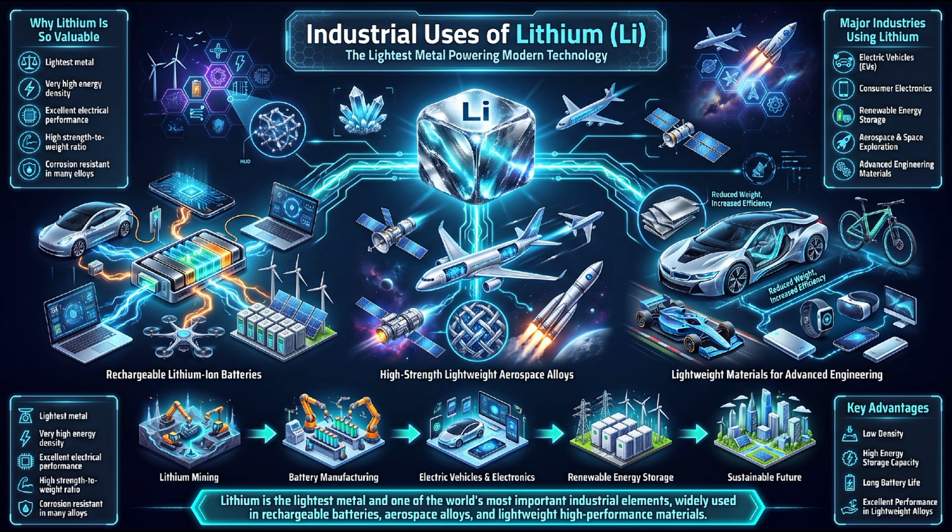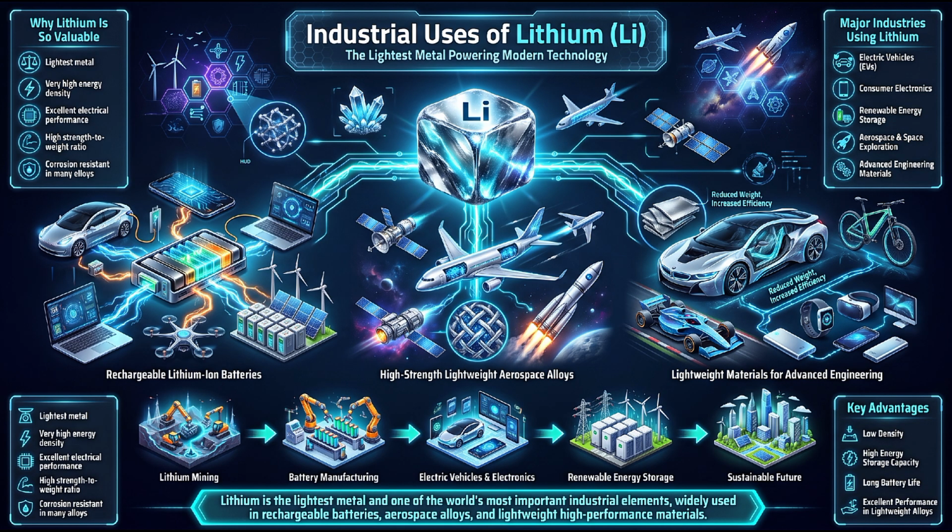A lighter aircraft requires less fuel, increases payload capacity, improves efficiency, and lowers operating costs. In space missions, where every kilogram significantly affects launch costs, lightweight lithium alloys provide enormous economic and engineering advantages.